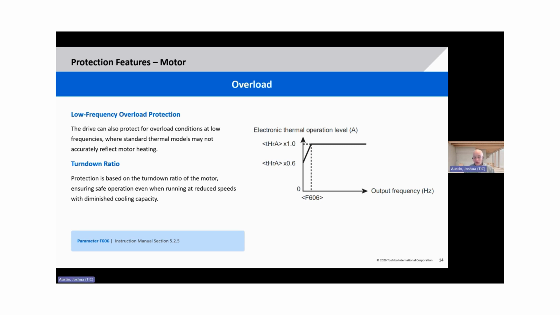That turn down ratio will typically be different for constant torque applications as opposed to variable torque applications. The drive can account for that turn down ratio, and that can be programmed into the drive. So if you have an application where there's going to be a large amount of operation at low speeds, you can still make sure that you are adequately protecting that motor from an overload condition.